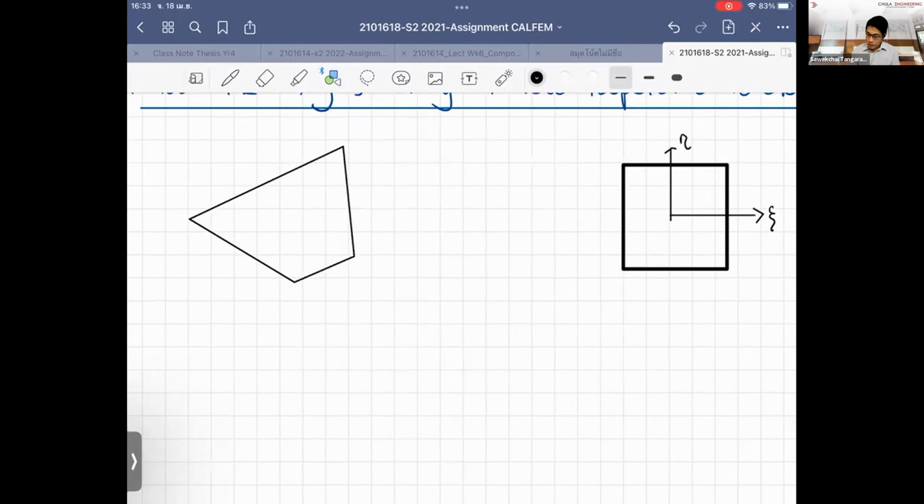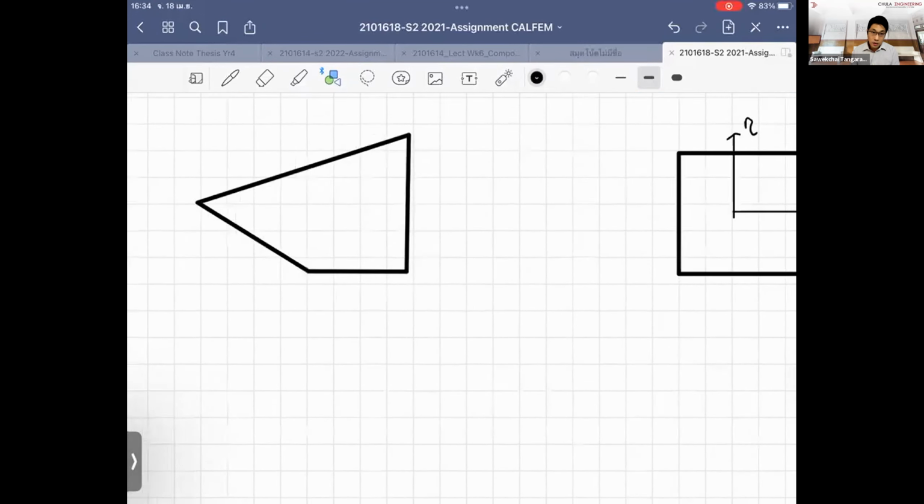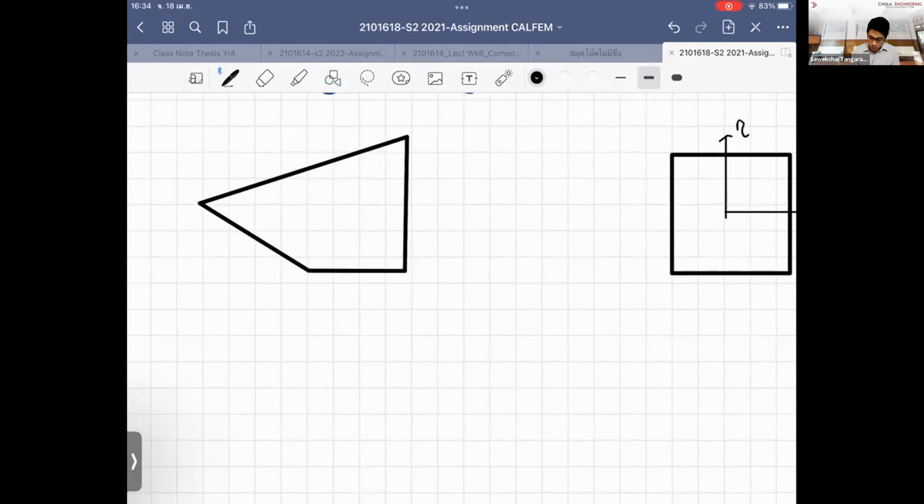The difference between this mesh is that we have the information of the nodes.